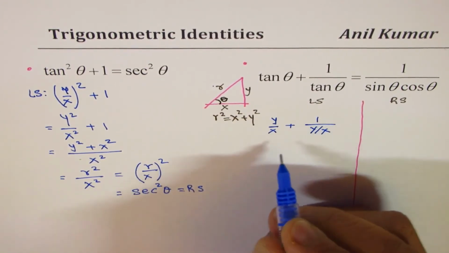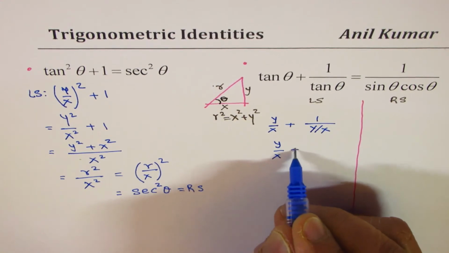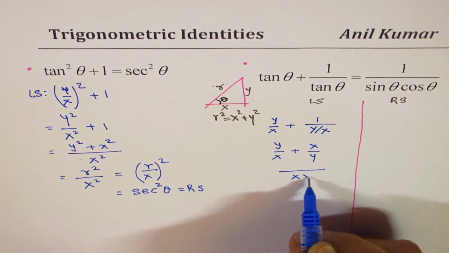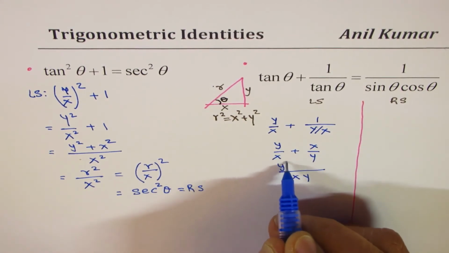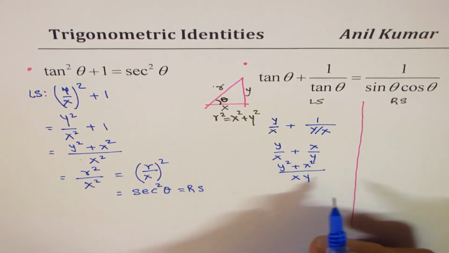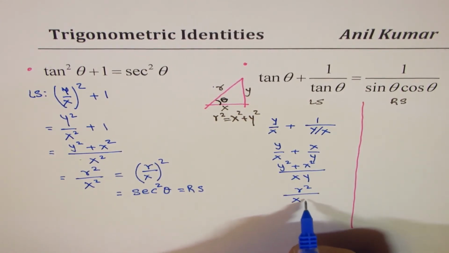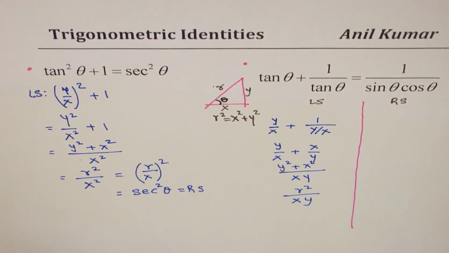Now we can flip this. So we have y over x plus x over y, take the common denominator, which is xy, and this is y squared plus x squared, which is r squared. So r squared over xy, correct?